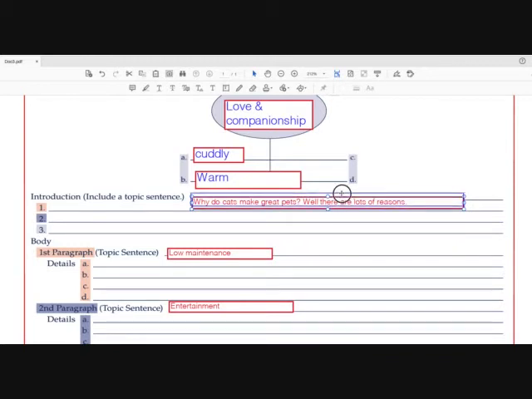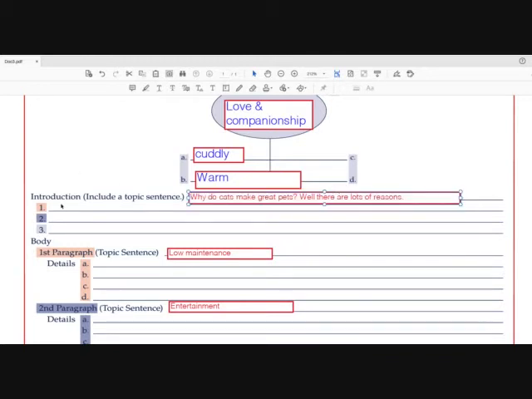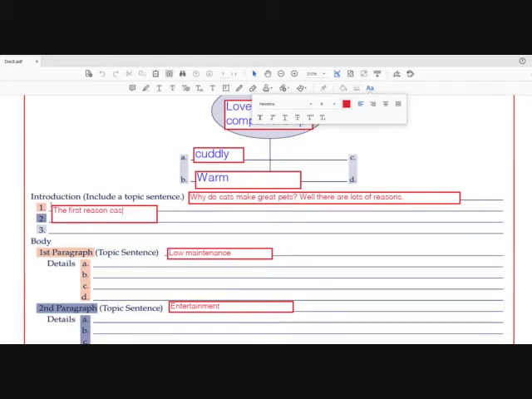Something like this. This is called a rhetorical question, right? So you can give the kids this kind of thing. So there's lots of reasons. The first reason cats make great pets is because they are very low maintenance.